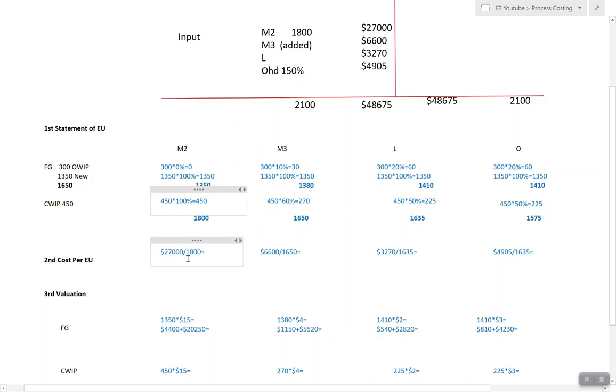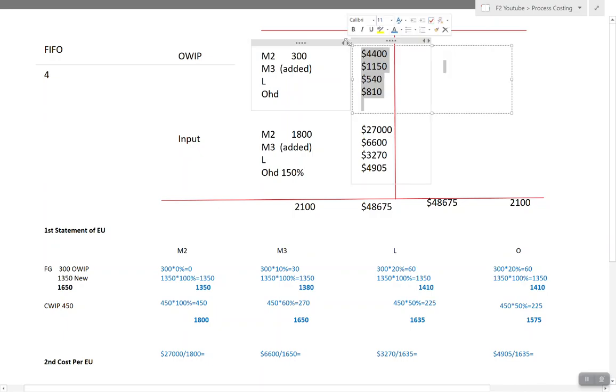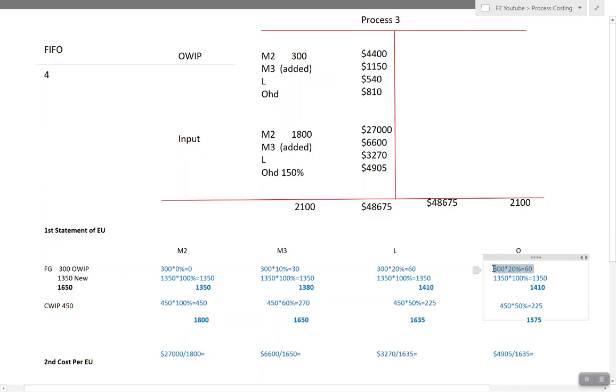Now in the next step, when we are calculating the cost per equivalent unit, we put these costs to the side. Why? Because we took that work to the side that related to the opening work in progress. And this period, if we are talking about the equivalent units this period, we are only talking about the cost that is incurred this period.